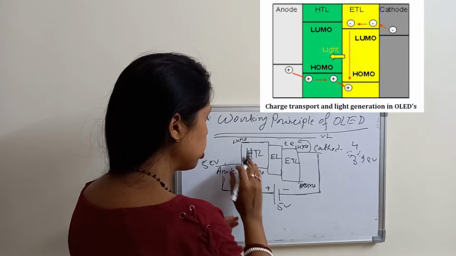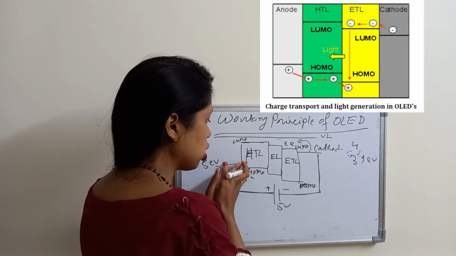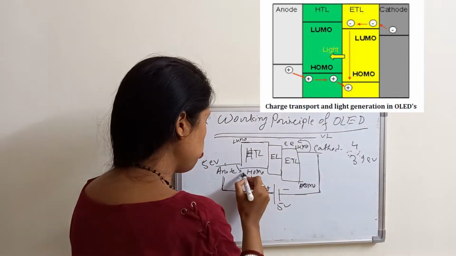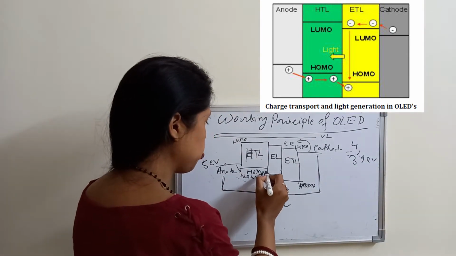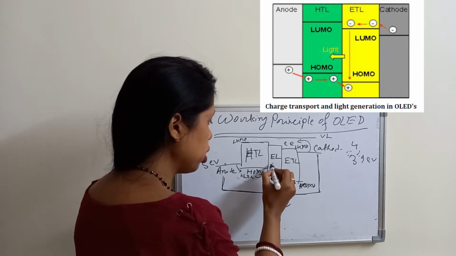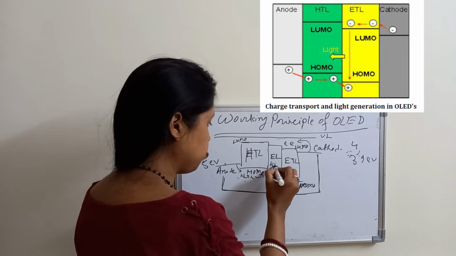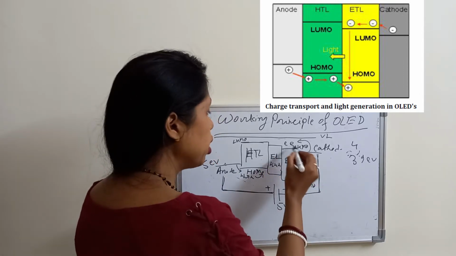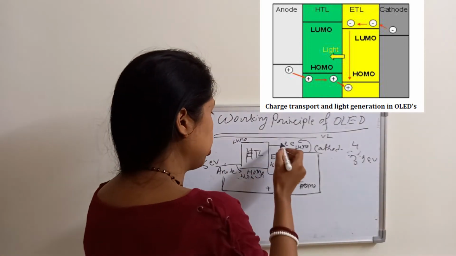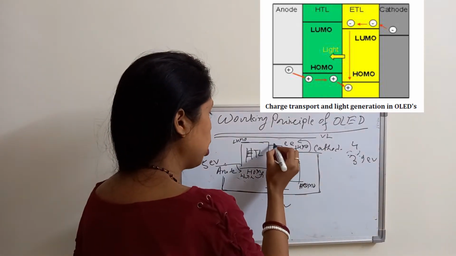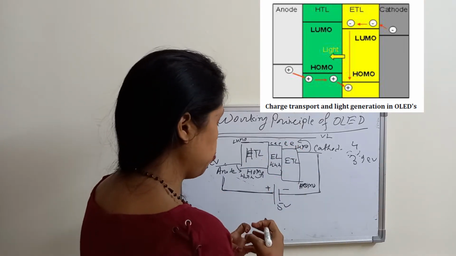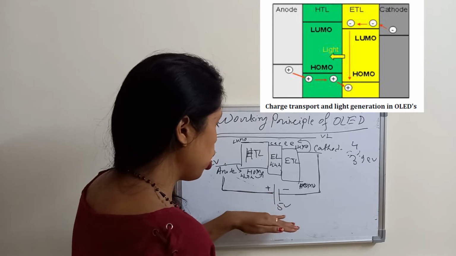The hole will transport through the hole transport layer by hopping mechanism, and it will be injected into the emission layer. Here I will get the hole, and the electron will transport through the electron transport layer and be injected into the emission layer. Here I will get the electron. Why is this happening? Due to the forward bias.